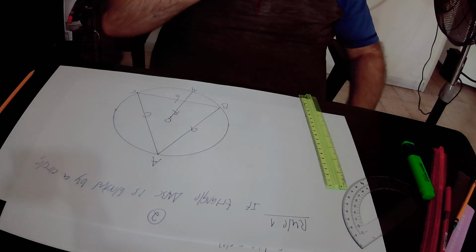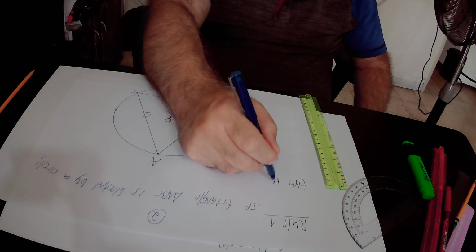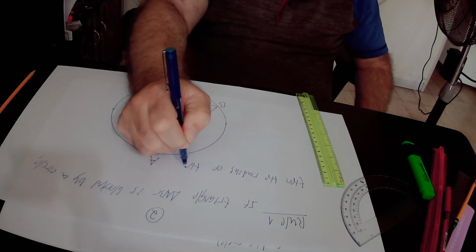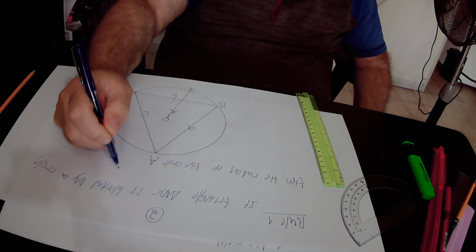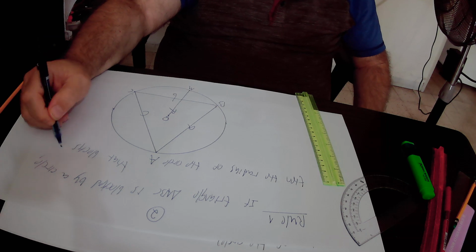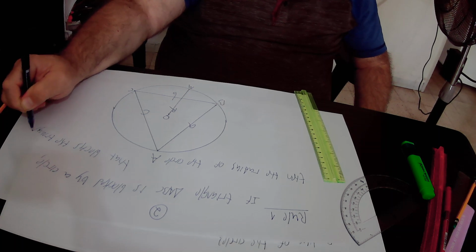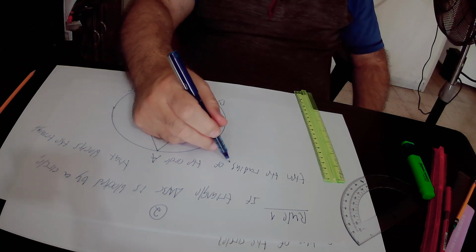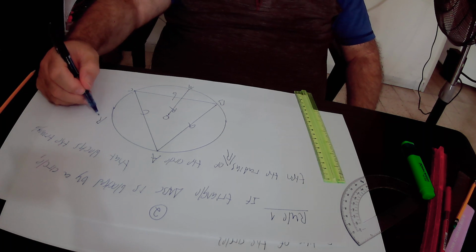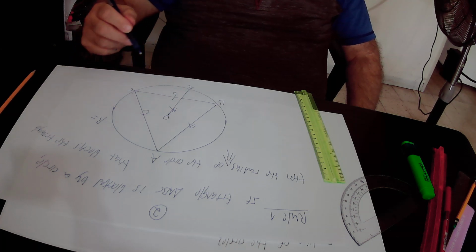Then the radius of the circle that blocks the triangle, capital R, will be equal to the multiplication of the side lengths of the triangle.